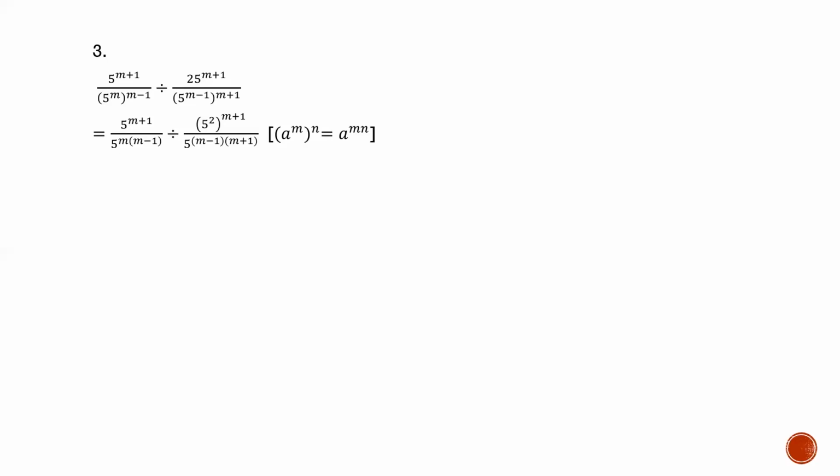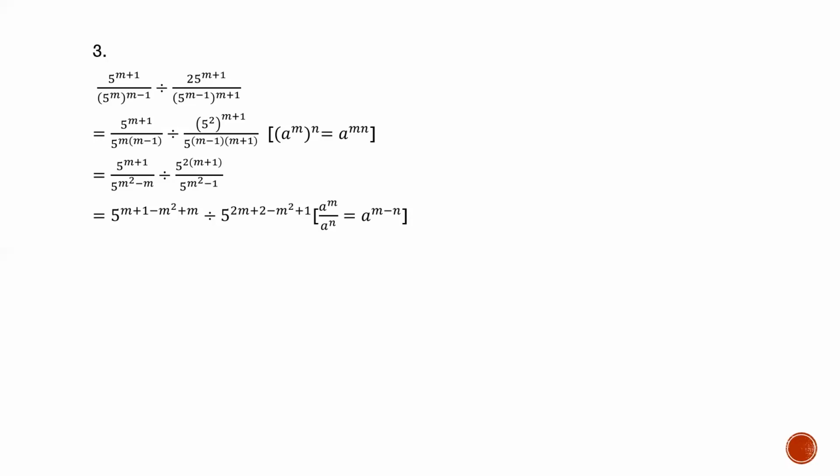Now we need to do the calculations, simplifications in the power section. So 5 to the power m plus 1 divided by 5 to the power m squared minus m, divided by, and in numerator of second part, applying the formula which we have used in the previous line, 5 to the power 2 into m plus 1 divided by 5 to the power m squared minus 1. Now in the first part and the second part, both the parts, we have got a division and the same base.